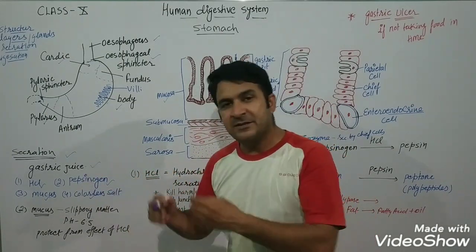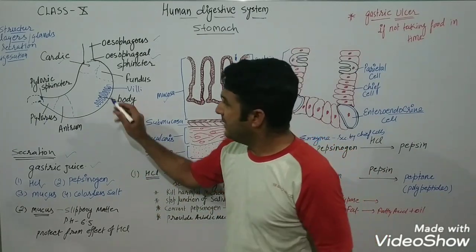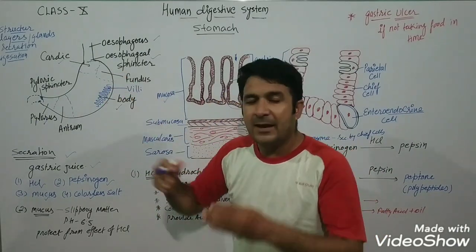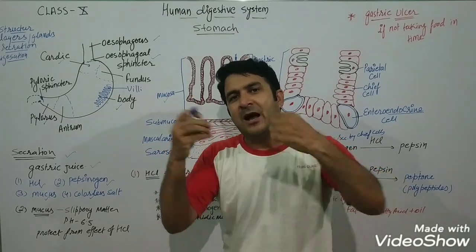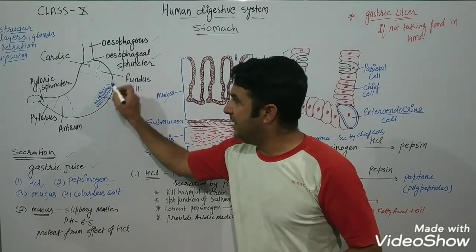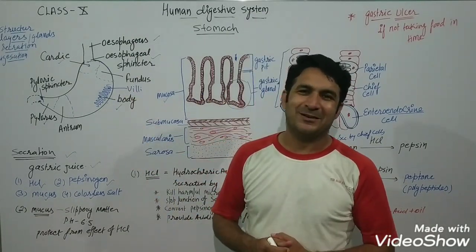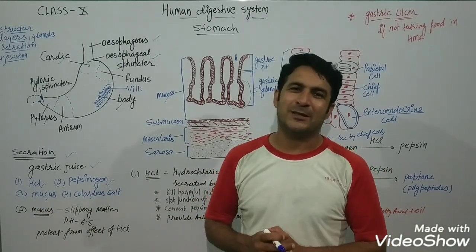So it is secreted by the cardiac region and the pylorus region, and this whole mucus gets pasted on the inner wall of the stomach. And then the HCl cannot damage the internal wall of the stomach. There is no harmful effect of HCl on the inner wall of the stomach.